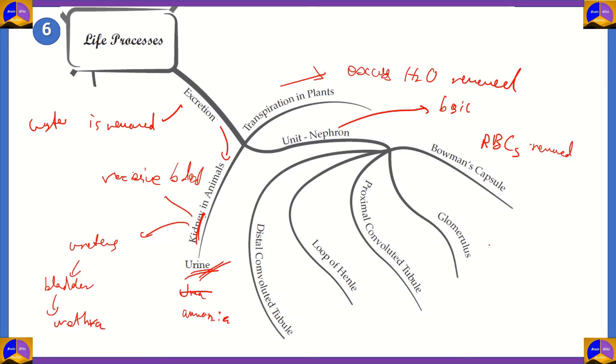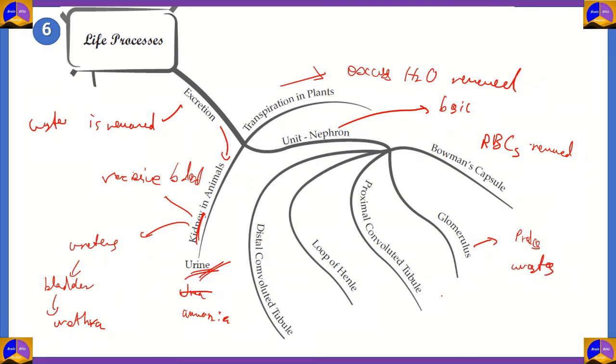And then through the glomerulus, which is the next step, we have removal of water. So all of the wastes are removed from the blood, all of the molecules like proteins, fats, carbs, and wastes, etc. All of these are removed from the blood.